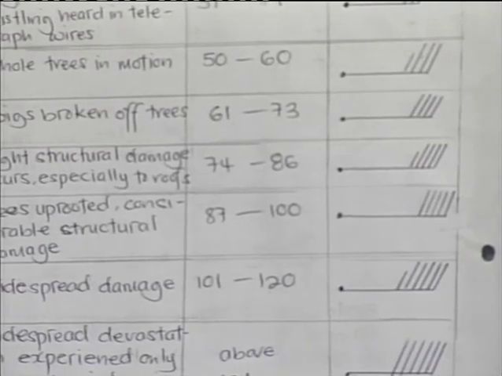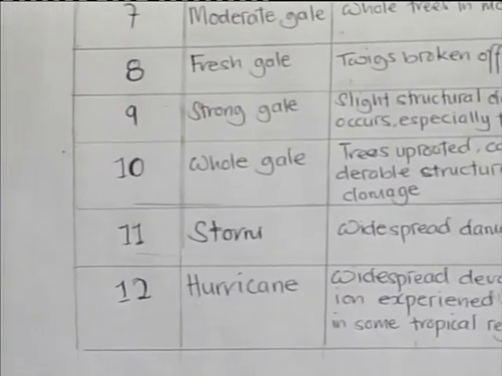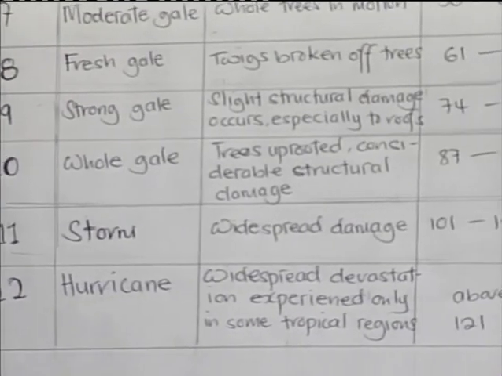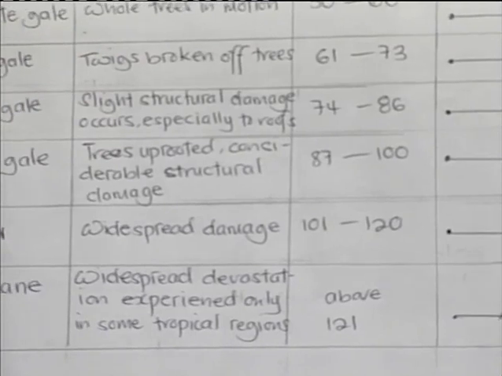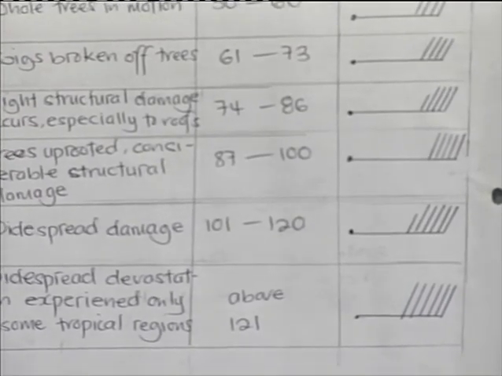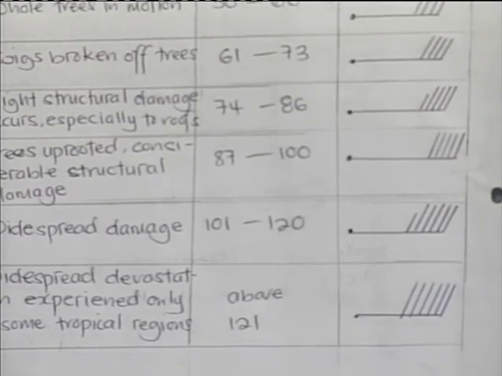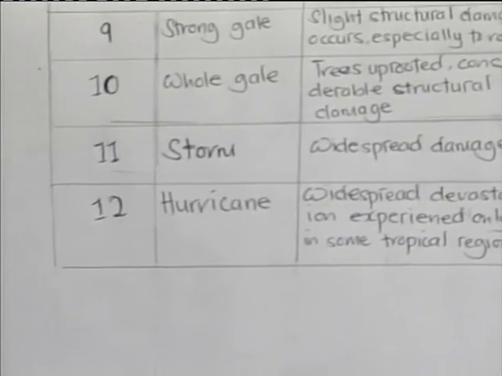The arrow indication is 4.5. Number 10, we have the whole gale: trees uprooted, considerable structural damage, 87 to 100 kilometers per hour. And we have 5 full feathers on the arrow indication. Number 11, we have a storm.